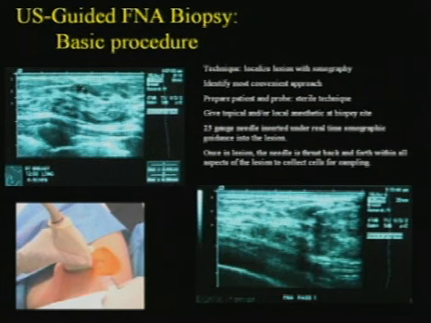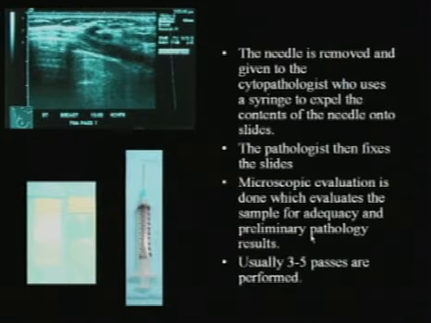Basic technique is again the same as ultrasound core biopsy. The needle is placed within the lesion, and then once it is in the lesion, it's thrust back and forth to collect cells within all aspects of the lesion. It is then removed and given to the pathologist, who uses another syringe to expel the cells onto a slide. The material is then fixed, and then the slides are evaluated by microscopy.